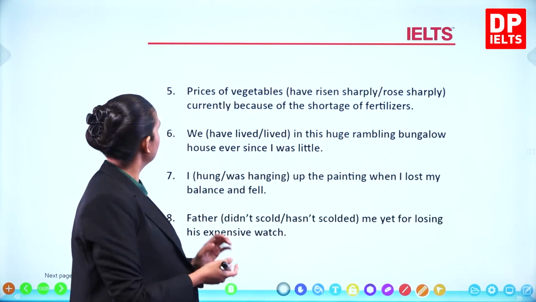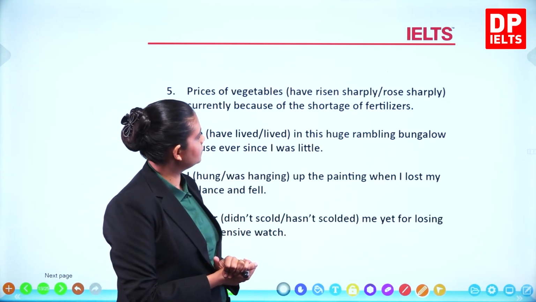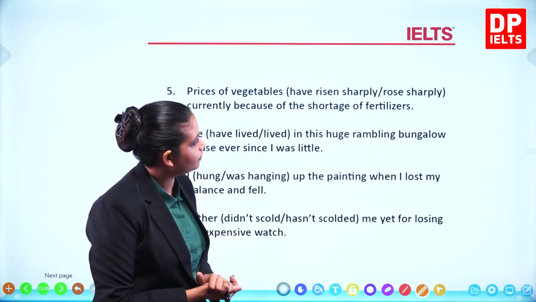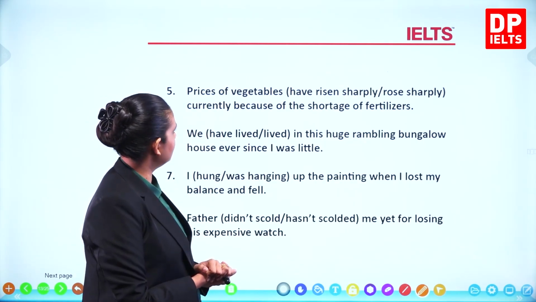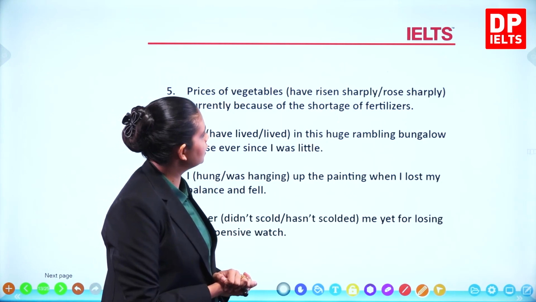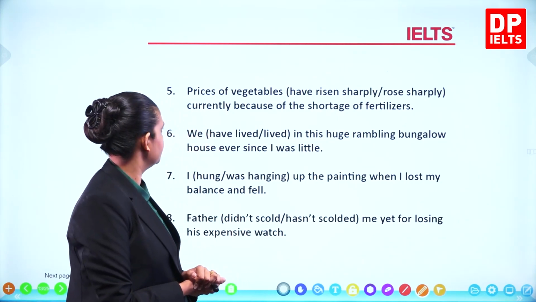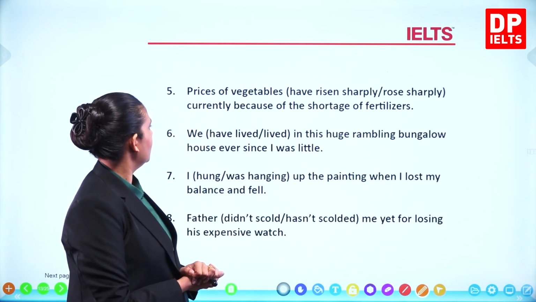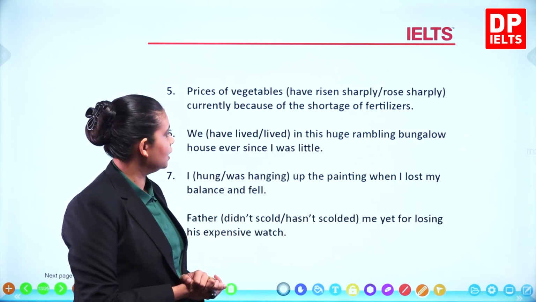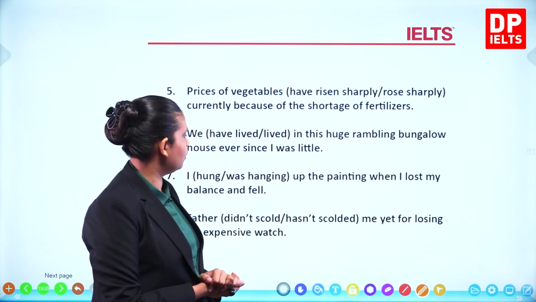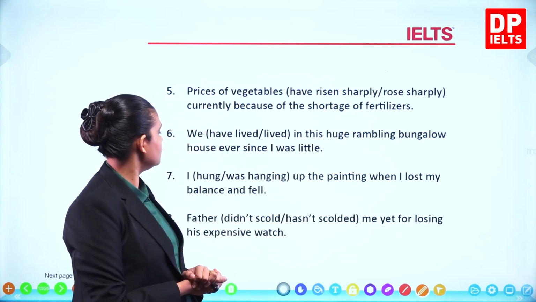Moving on. Prices of vegetables have risen sharply or rose sharply currently because of the shortage of fertilizers. We have lived or just lived in this huge rambling bungalow house forever.